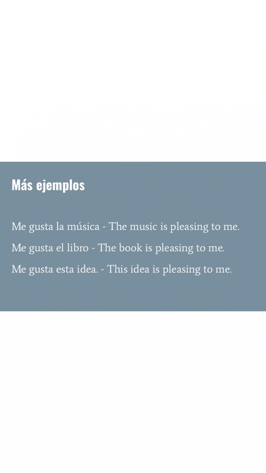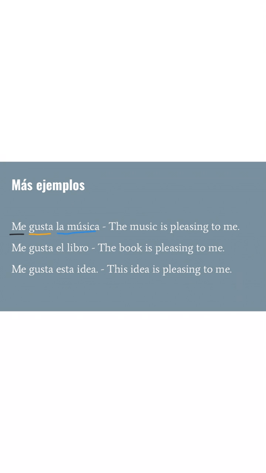Here we go. All right, so our first example here is me gusta la música. I'm going to underline me here, as it is my IOP, the one that's being affected. I have my verb here in yellow, and then the subject, what is doing the pleasing, is la música, or the music. Okay, so here is how we see it translated.